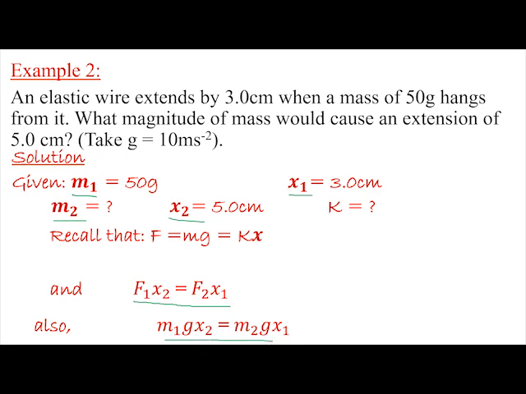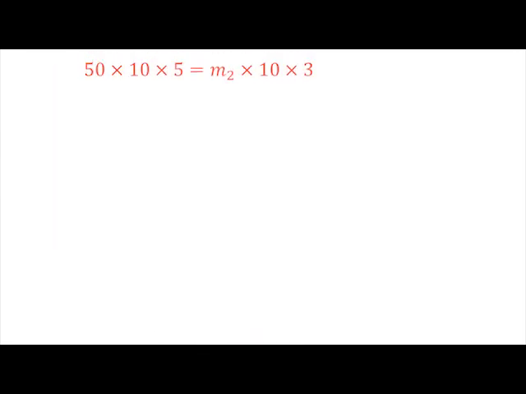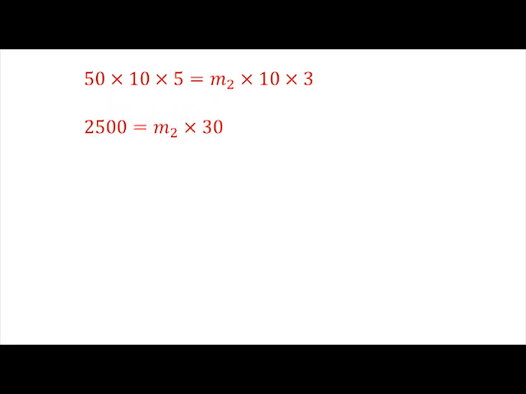By simple substitution, we could obtain this, and by simple computation, we could obtain this, in which 2500 is equal to M2 by 30, making M2 our subject of relation. We have that M2 is equal to 2500 divided by 30, and by simple mathematics, this will give us 83.33 grams.